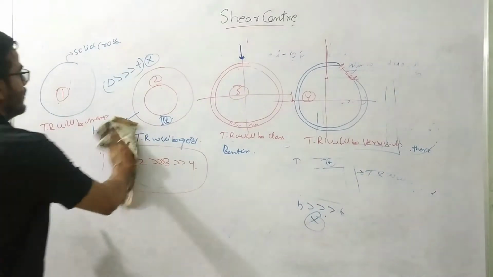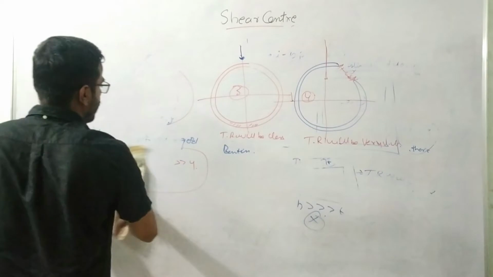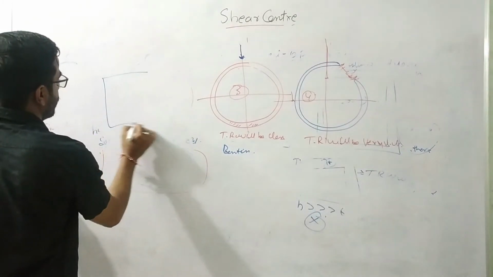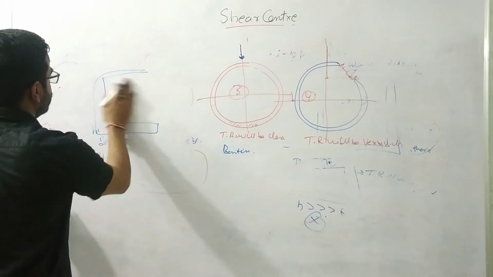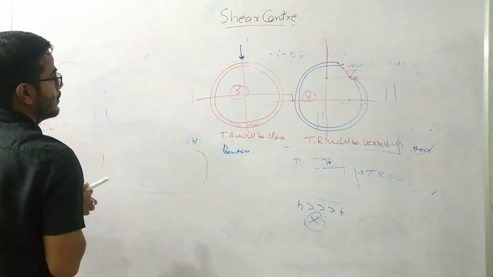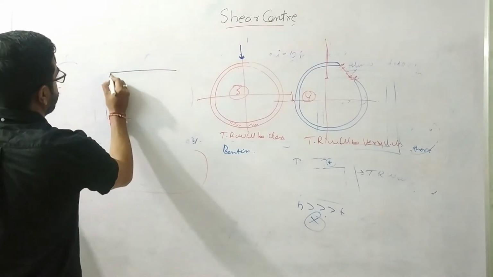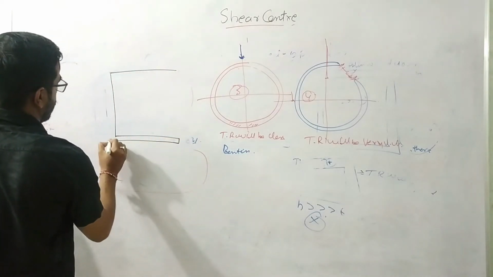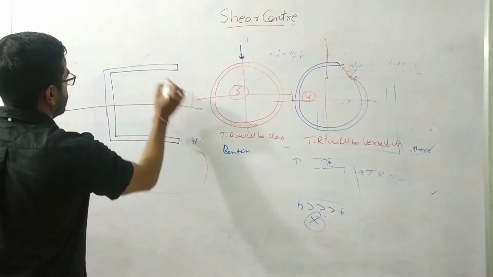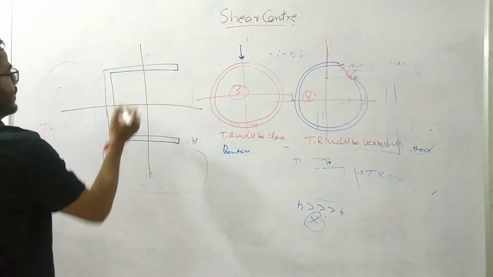In the previous example, this is our channel section, thin wall channel section. This is our axis of symmetry, the centroidal axis.